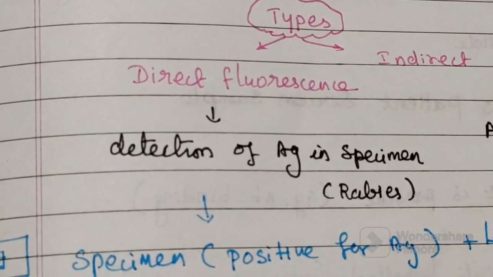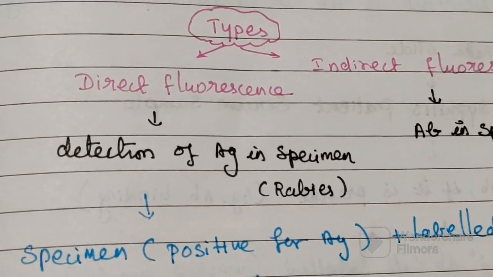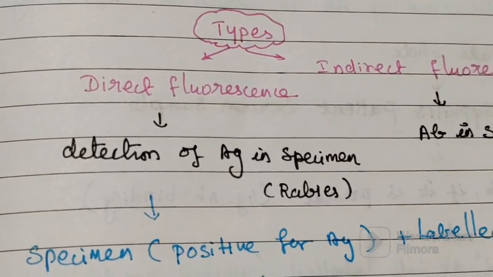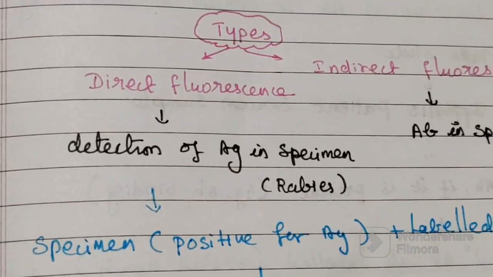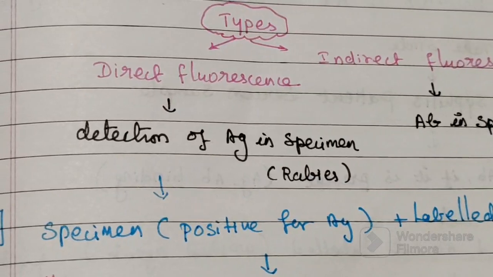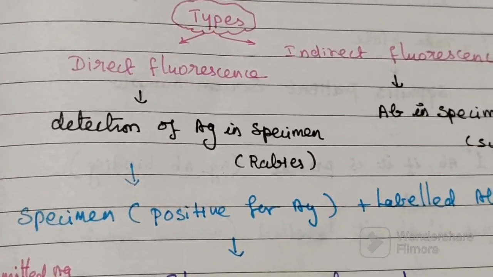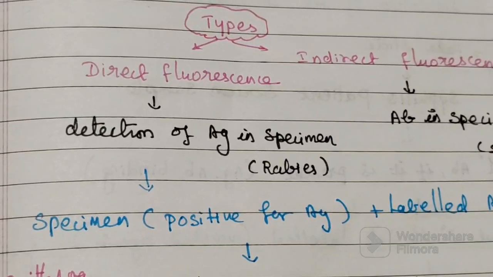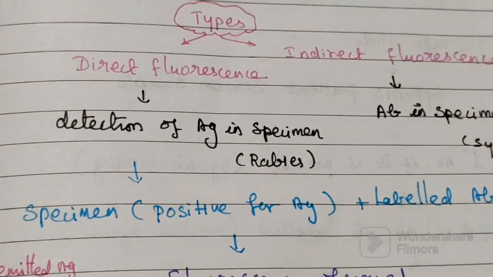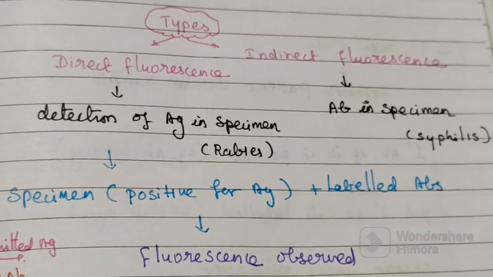Now the direct fluorescent method. In this method, we take tissue on a slide. Suppose a particular antigen that we are suspecting may be present or not. Suppose it is present, then we put a fluorescent labeled antibody against that particular antigen.